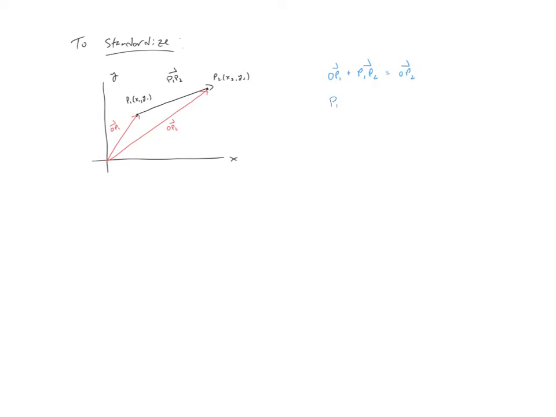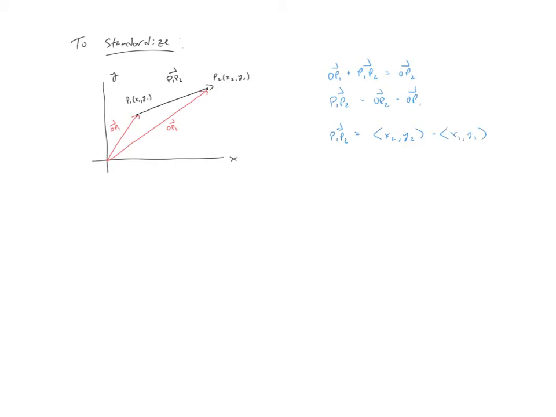So we would have P1, P2 equals OP2 minus OP1. And then if we go ahead and we write this out using our component form, P1, P2 is going to be x2, y2 minus x1, y1.